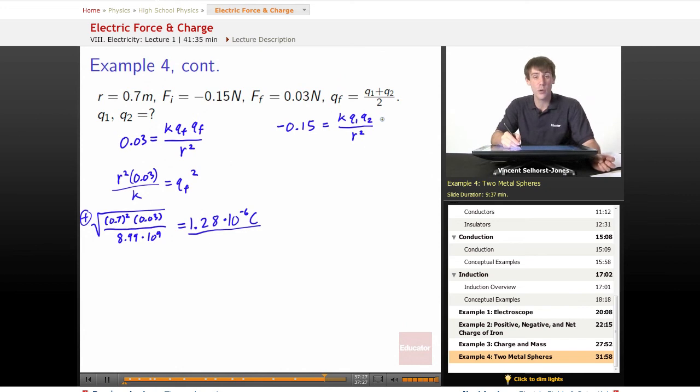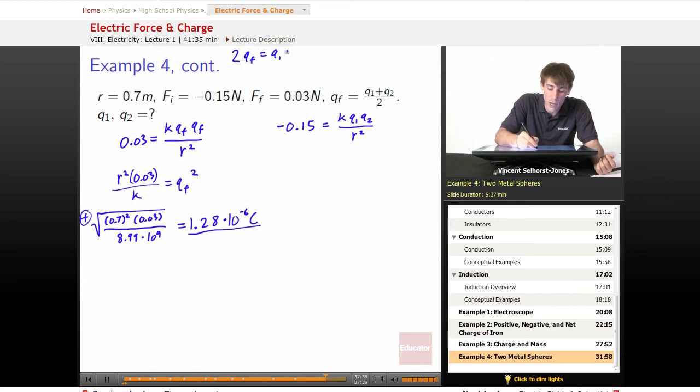To solve this equation, we're going to either have to get rid of Q2 or get rid of Q1. To do that, we use the fact that Q final is equal to Q1 plus Q2 over 2. So 2Q final equals Q1 plus Q2, so we can say Q2 equals 2Q final minus Q1.